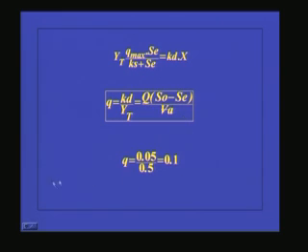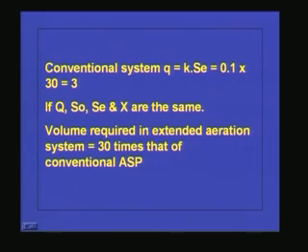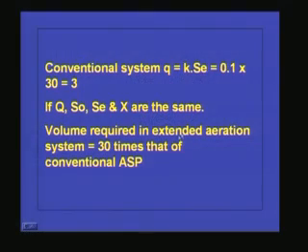In the extended aeration system, q comes to around 0.1, and in the conventional activated sludge process q equals K times Sc, which is around 3. If Q, S0, Sc and X are the same in the conventional activated sludge process and the extended aeration system, the volume required in the extended aeration system is 30 times that of the conventional activated sludge process.